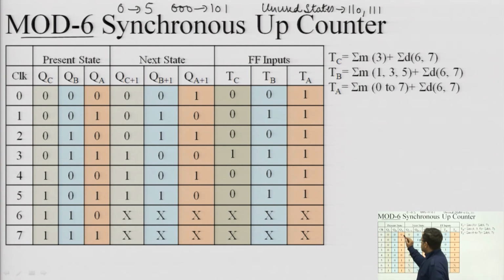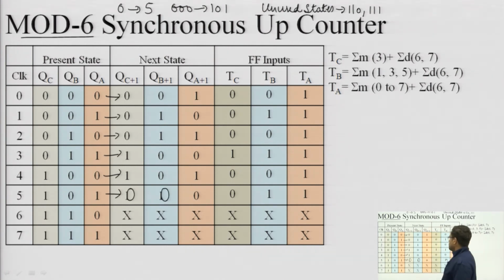The next state of 0 is 1, 1's next state is 2, 2's next state is 3, 3's next state is 4, 4's next state is 5, 5's next state is 0. This is slightly wrong. 5's next state is 0, because after 5 I need not have 6, and that 6 should be changed to 0.